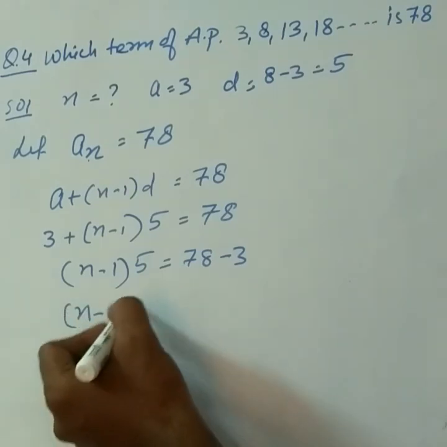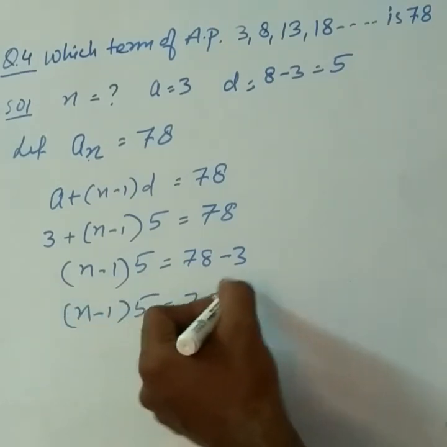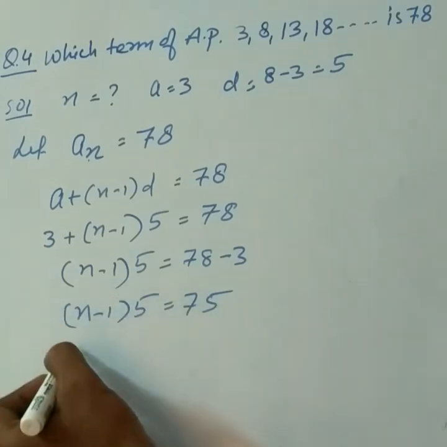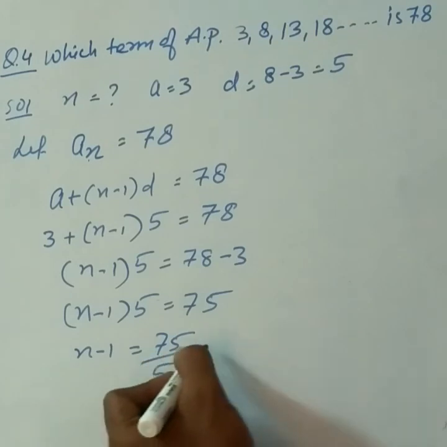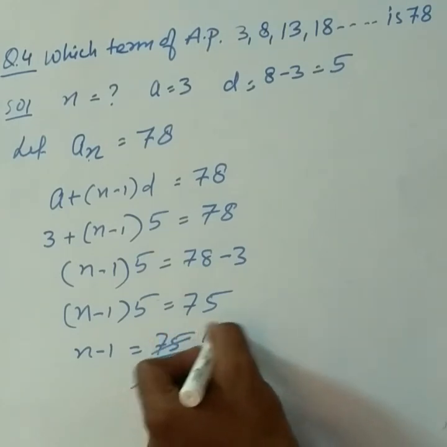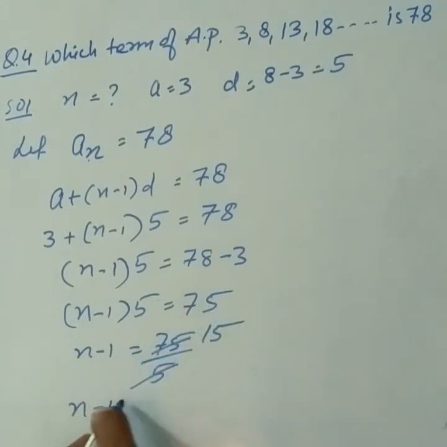N minus 1 into 5 equal to 75. Shift 5 to the denominator. N minus 1 equal to 75 upon 5, which is 15. Shift 1 to the right hand side. N equals 15 plus 1, which is equal to 16. Therefore, the 16th term is 78.